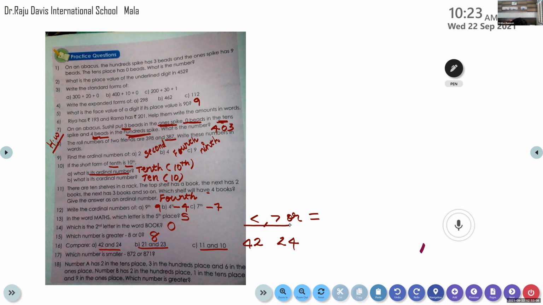The second one we should use. Here in the tens place 4 is there. Here in the tens place 2 is there. So 4 is greater than 2. So we can use the symbol greater than. The mouth should be open. So 42 is greater than 24. That is the answer for the first one. Correct answer, my dear.